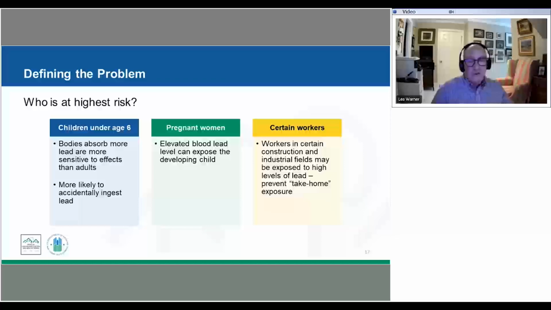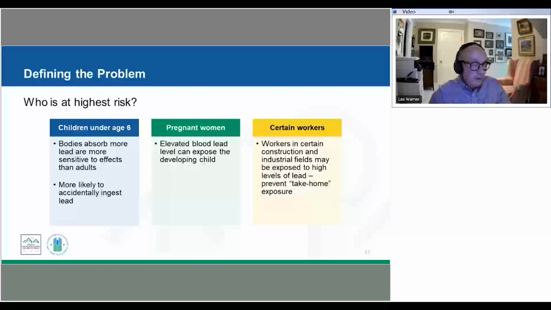Any exposure that elevates that blood lead level for the mother is also going to expose that developing child. And so that's part of our factor on looking at high risk. And then, of course, we have some workers that, through the type of work that they're doing, might have a higher level of exposure.